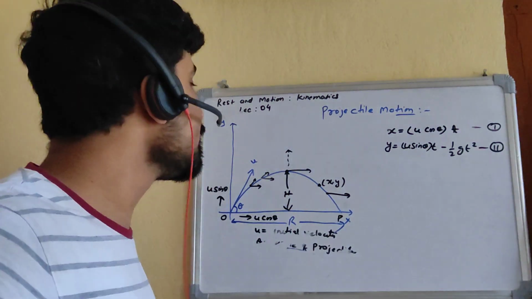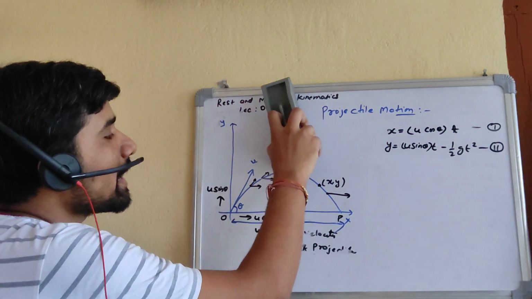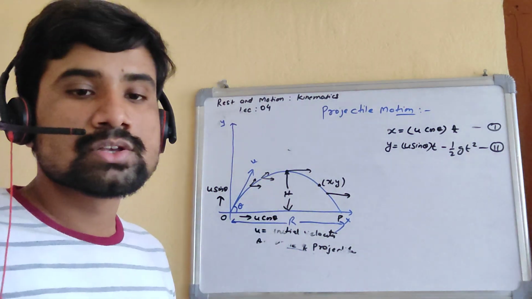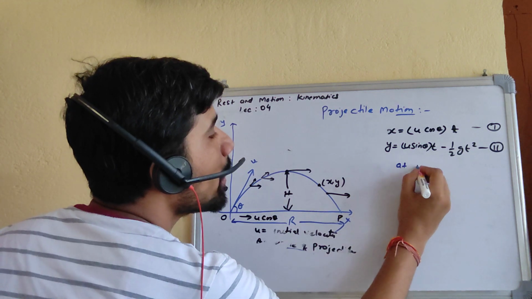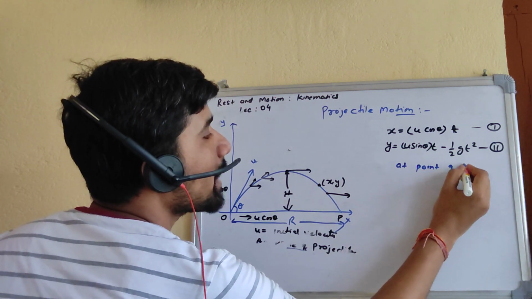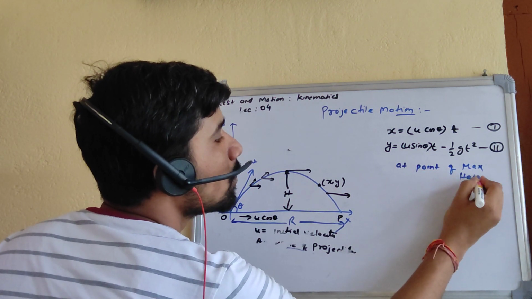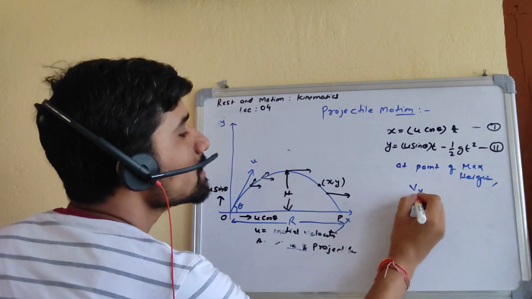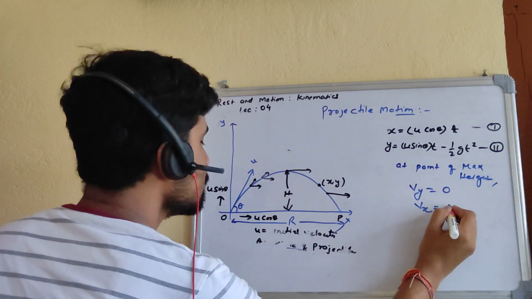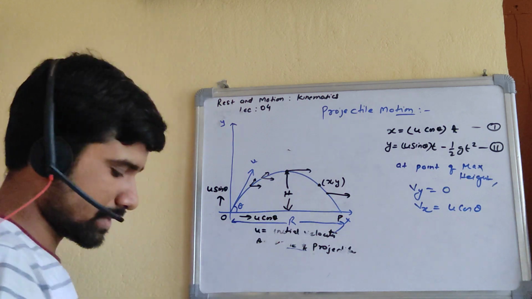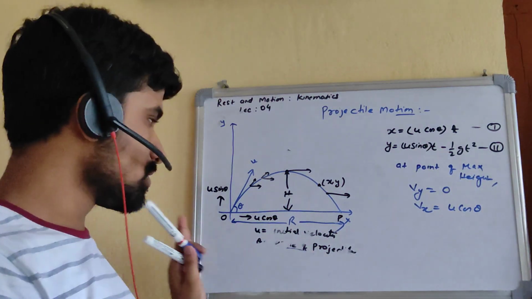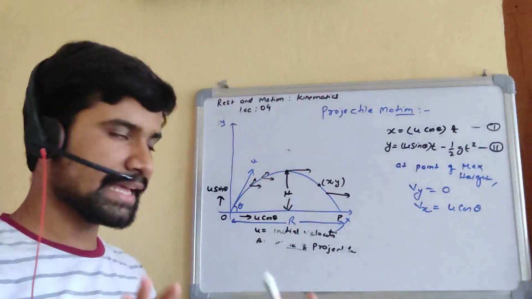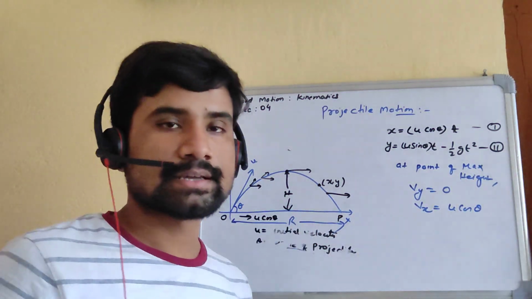So the only velocity existing at that point is along x direction, which is u cos theta. So remember, at the point of maximum height, velocity along y is 0 and velocity along x is u cos theta, right? Always remember, the constant velocity will exist along x direction, which is u cos theta.